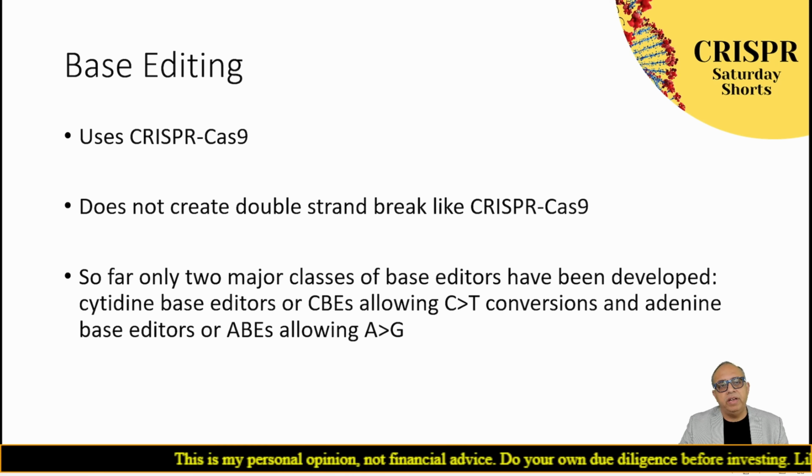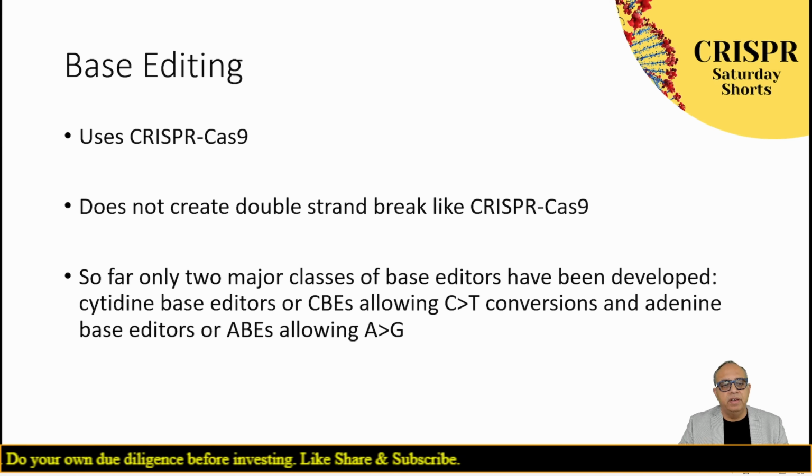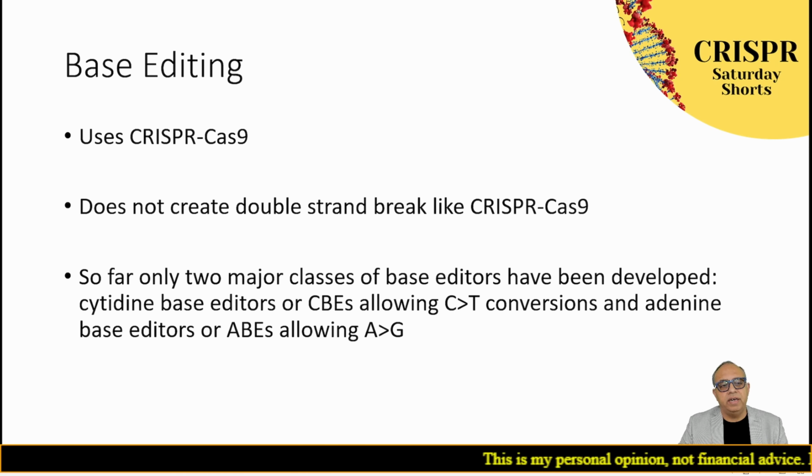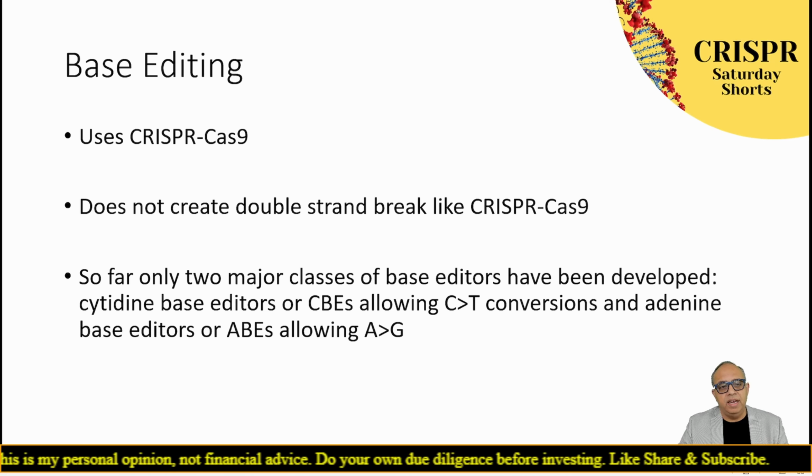The difference between conventional CRISPR-Cas9 editing and base editing is that the former uses double-strand breaks, while base editing avoids double-strand breaks and works as a single-strand base conversion. The problem with conventional CRISPR-Cas9 is that it introduces double-strand breaks and risks introducing many random insertions and deletions.